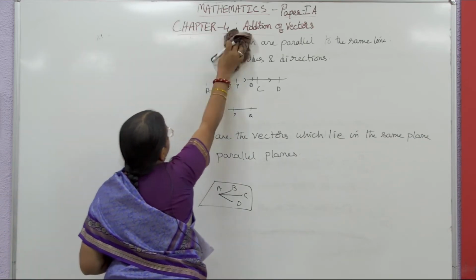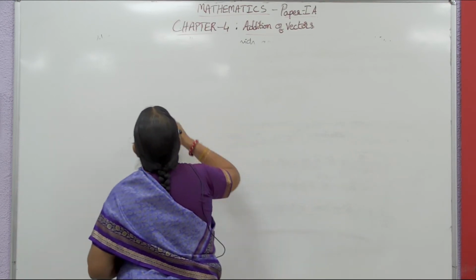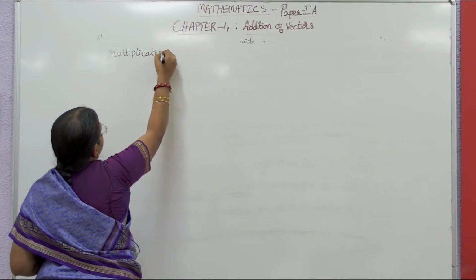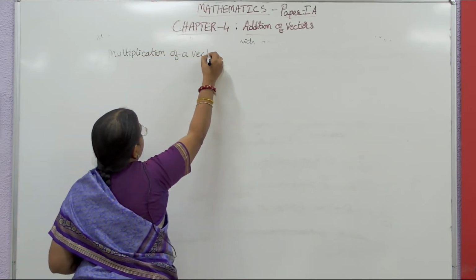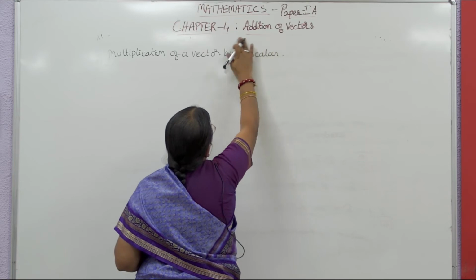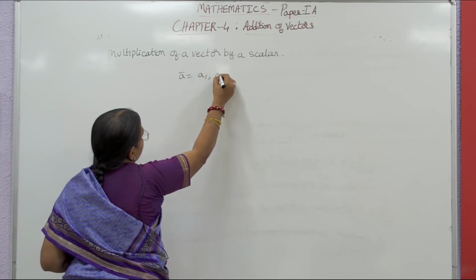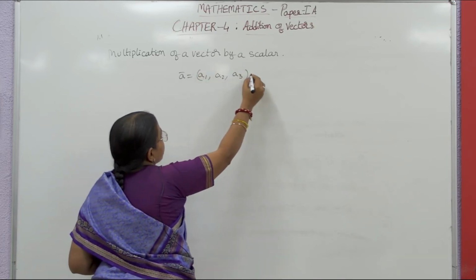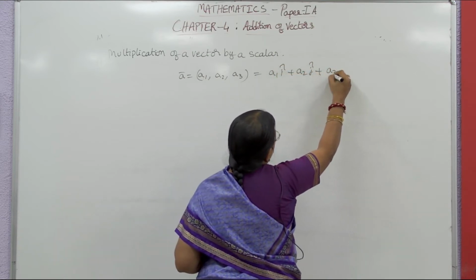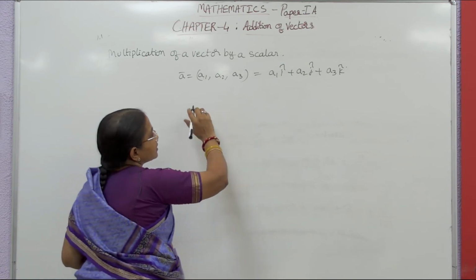Next is multiplication of a vector by a scalar. How do we multiply a vector by a scalar? Suppose I have a vector A as (a1, a2, a3). This vector can also be written as a1i plus a2j plus a3k in terms of i, j, k.